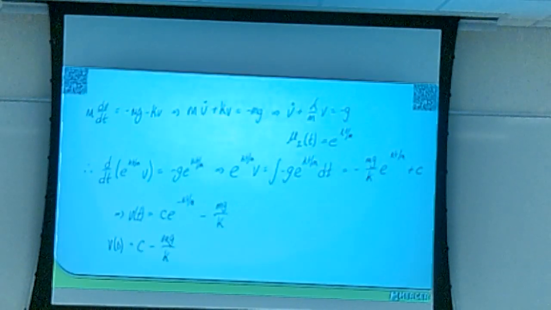That has to be v naught. That makes the constant v naught plus mg over k.